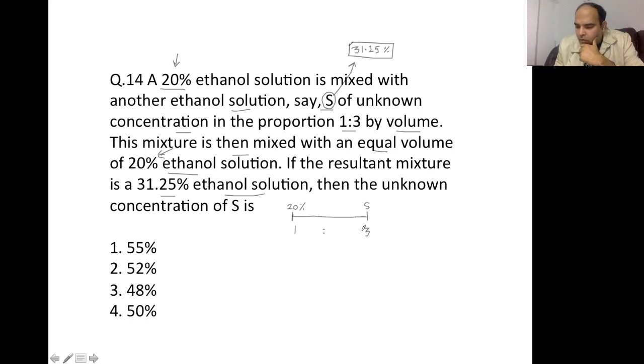Or you could also do this using the simple weighted average formula. But let's first do it this way. So you're mixing them in the ratio 1:3.